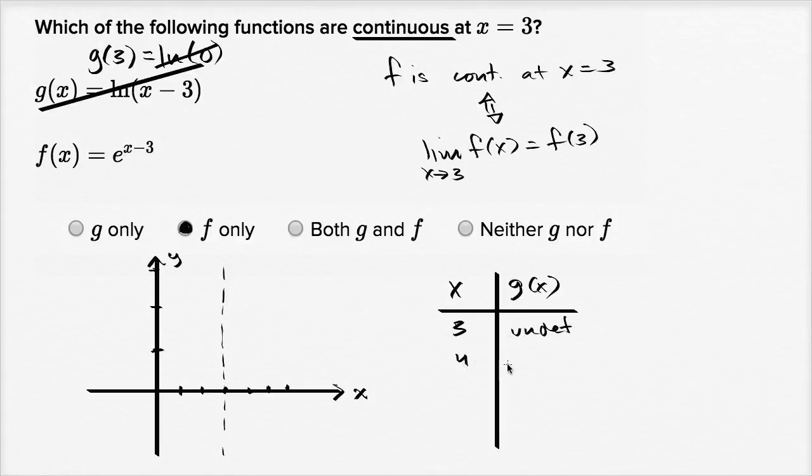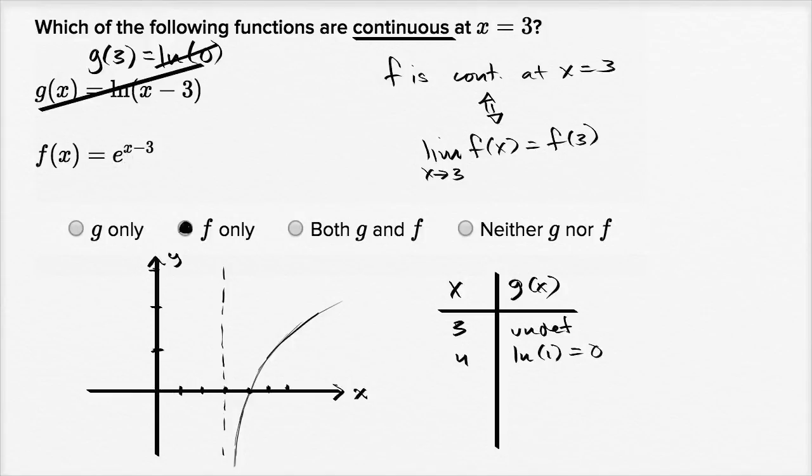At 4, this is ln of 1, which is equal to 0. So it's right over there. So g of x is going to look something like that. And so you can see at 3, you have this discontinuity there. It's not even defined to the left of 3.